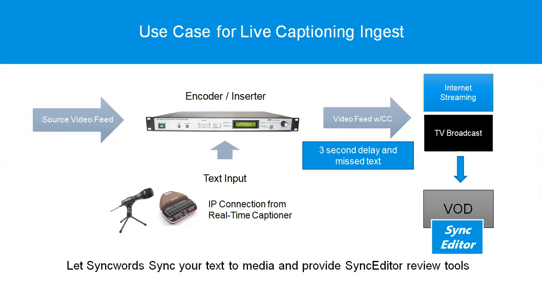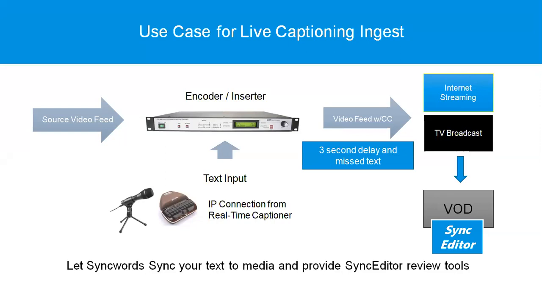We can automate that, take that 3 second delay, eliminate it, format the roll-up to pop-on, and have something that's perfectly timed and ready to go for the VOD. And that all can happen in an automatic way using our API. It can also be done manually, of course.